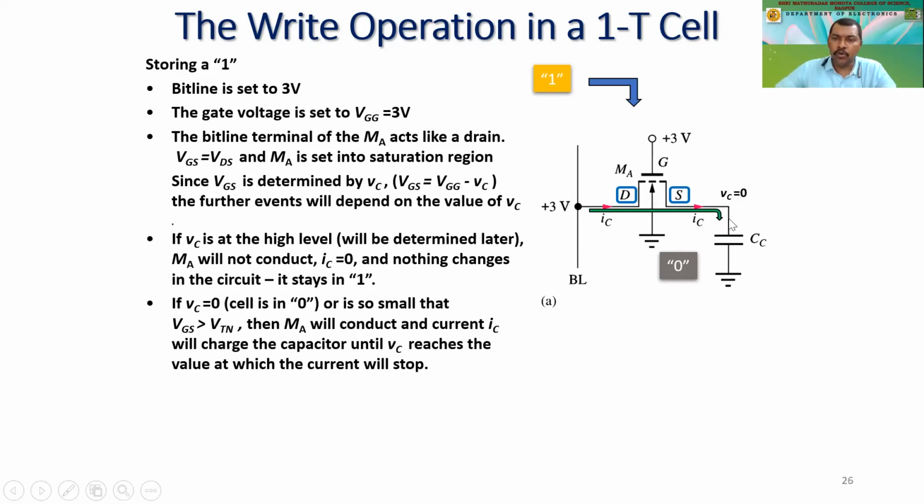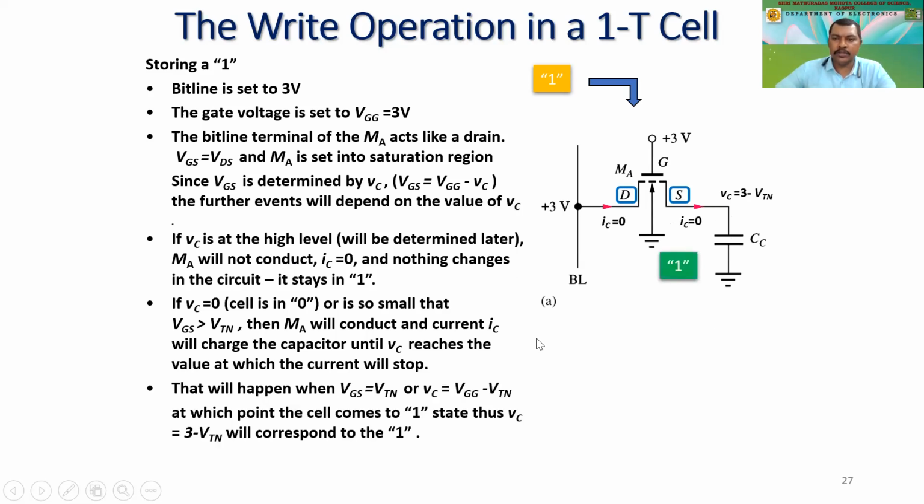Whereas if there is a 0 over there, then what happens? Whatever voltage we apply on the bit line is going to charge this capacitor, and indirectly it is going to change to 1. That will happen when VGS is equal to VTN, or VC equal to VGG minus VTN. So that is the voltage across this.